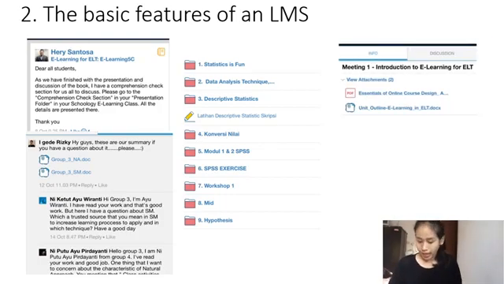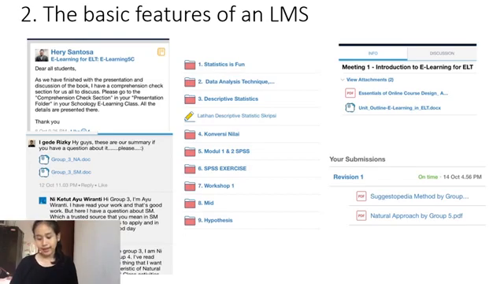Next is resources. The teacher can give resources, for example by link or attachment like this, and can link the material to the students.